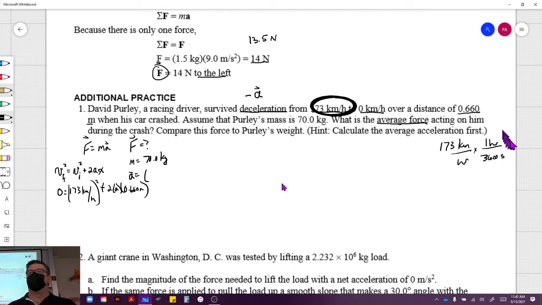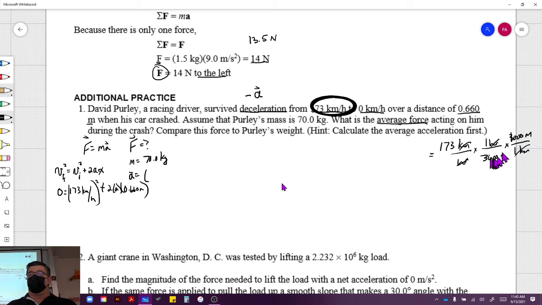We're good. Okay. And 1 kilometer is 1,000 meters. Okay. And this will give us, hour, kilometer, that will give us meters per second.